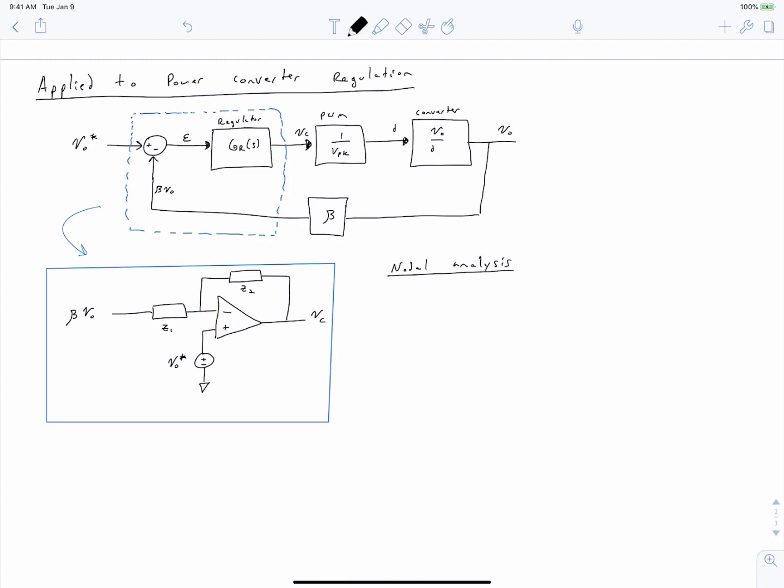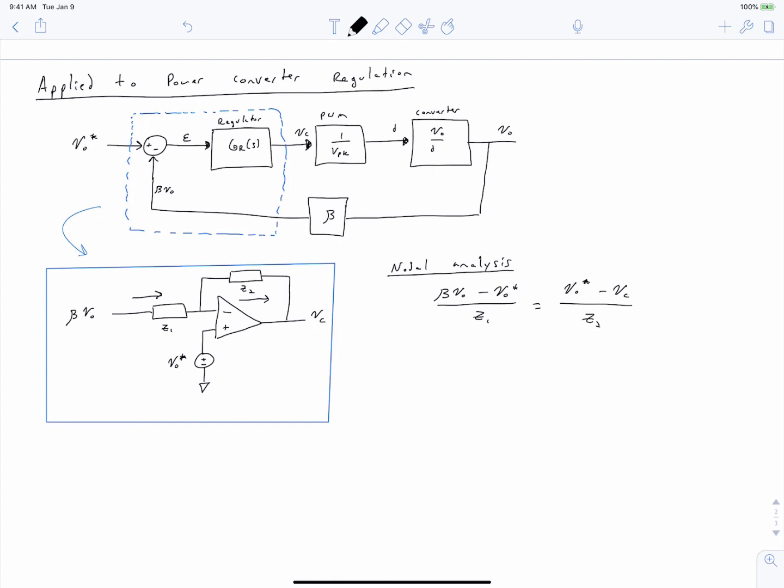So we can write that the current coming in, so this current expression, is going to be equal to beta V0 minus V0 star over Z1. So what we've done is we've replaced V minus in all of our equations with V0 star. So I1, or beta V0 minus V0 star over Z1, is equal to the current flowing through impedance 2.